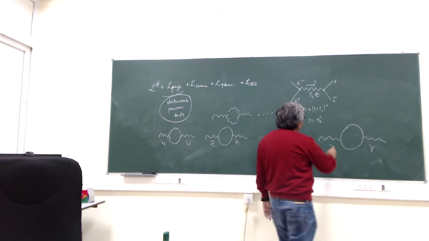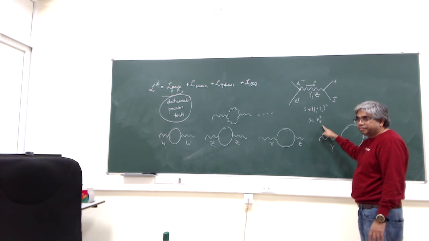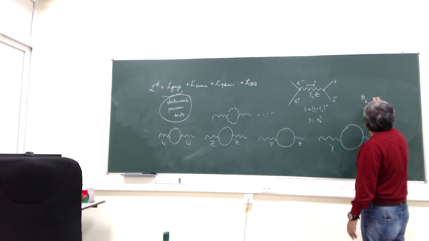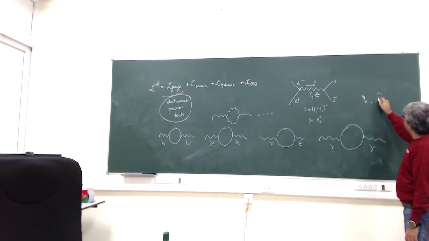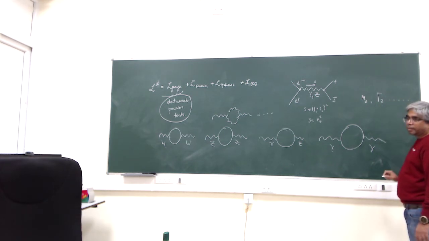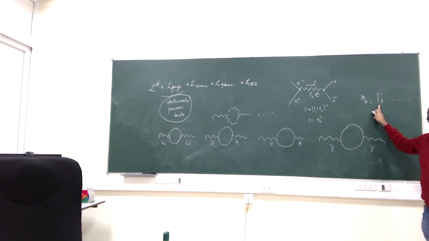Okay, and then you can also measure the mass of the Z by kinematics very precisely. So you know what MZ is very precisely. And then gamma Z for various channels. Gamma Z means the lifetime of Z, or the width of Z, for various channels, like for example b b-bar and so on.